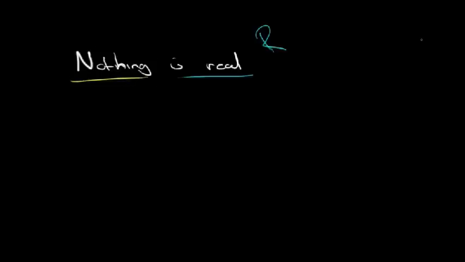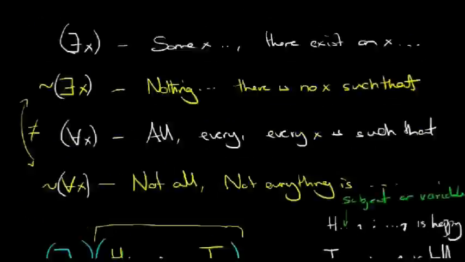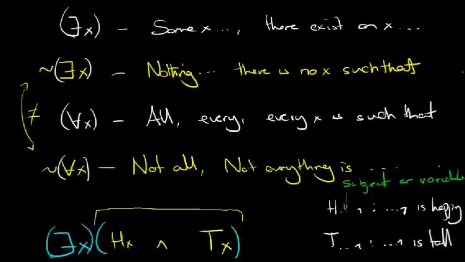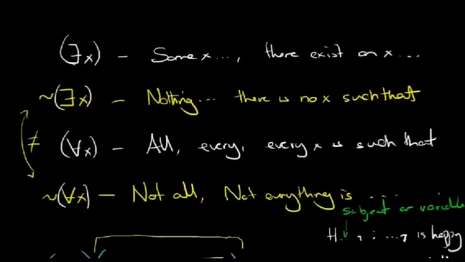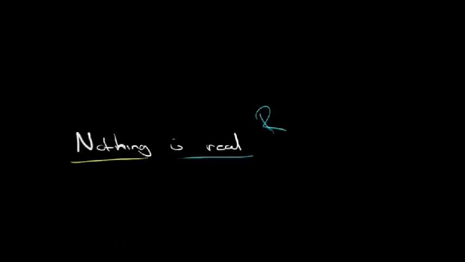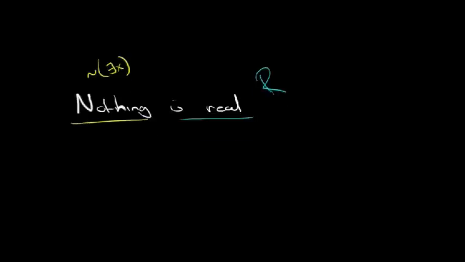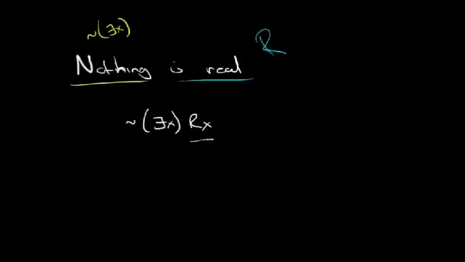So again, if we go back to a little key here that shows us what we need, nothing corresponds to ¬∃x. So this is going to be ¬∃x. The variable that we're going to use is x. So nothing is real is going to come out as ¬∃x Rx. Okay. Notice that I don't need to put brackets around this part of the sentence, right? I don't need to do this.